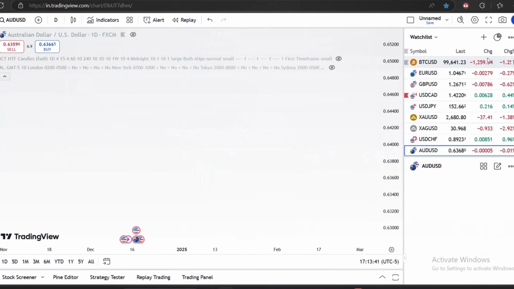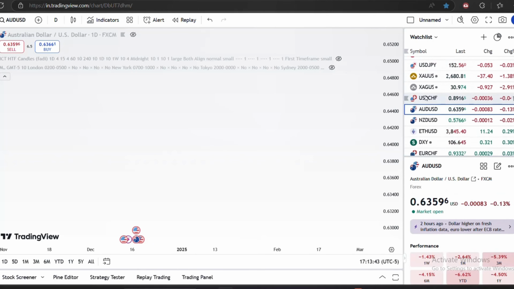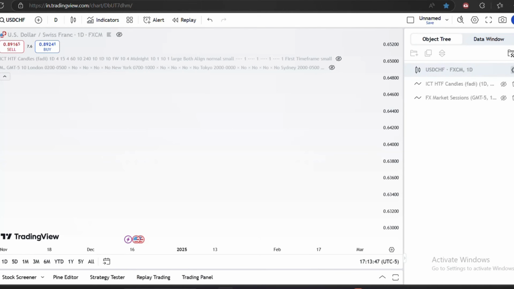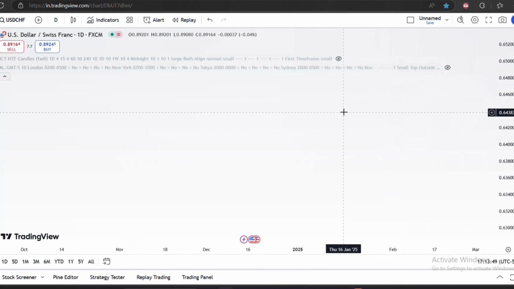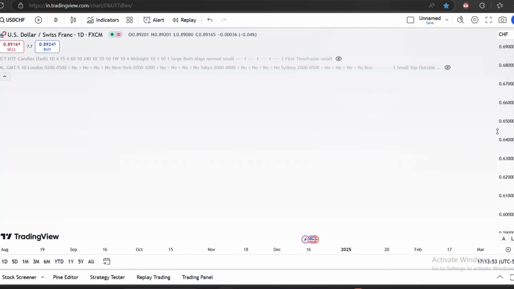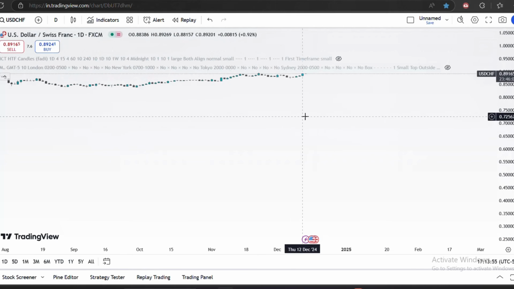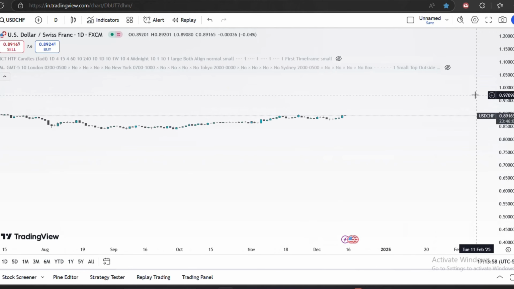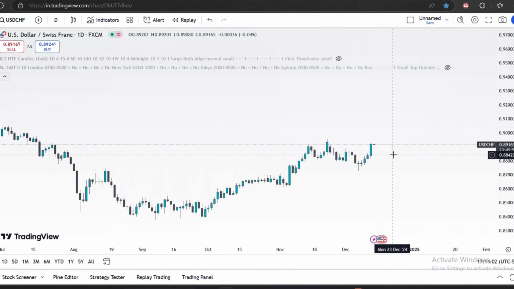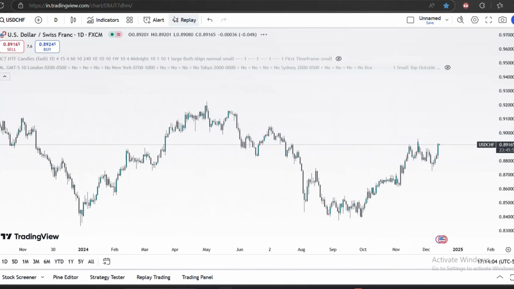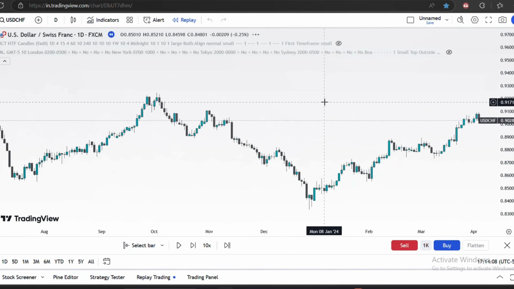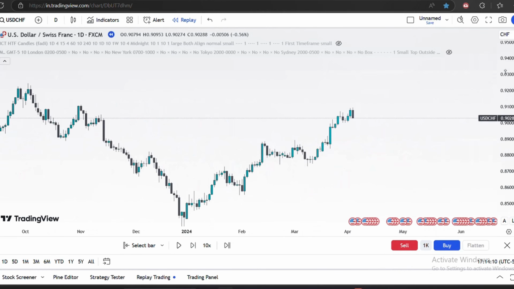Let me just choose any random pair. Let's choose USD. So anytime you come to the chart, you first have to profile the market.